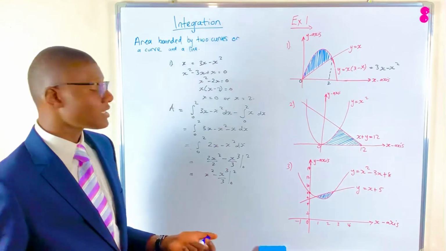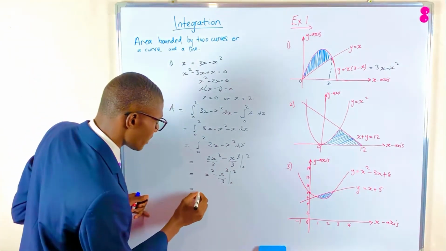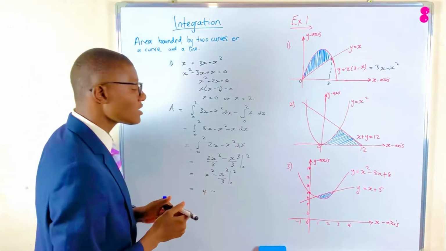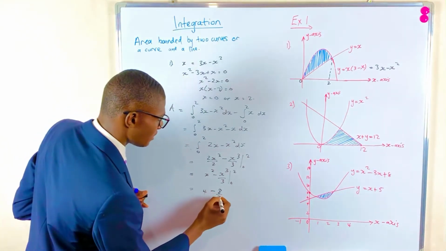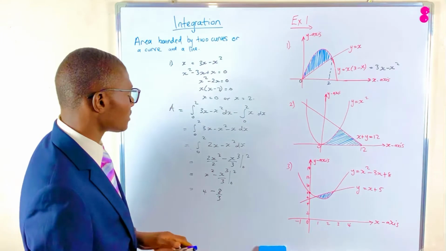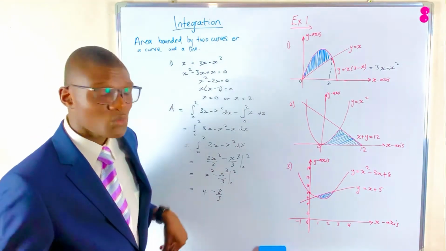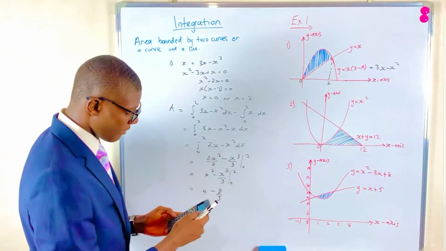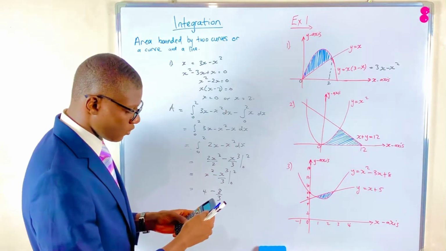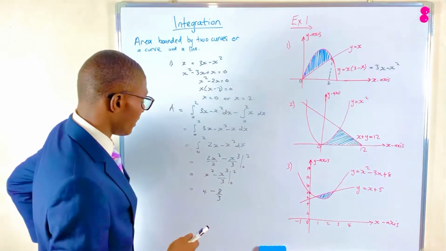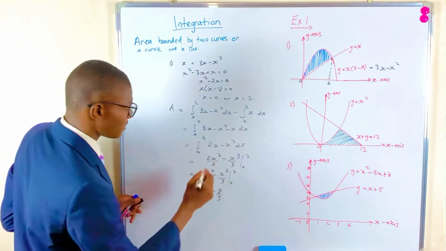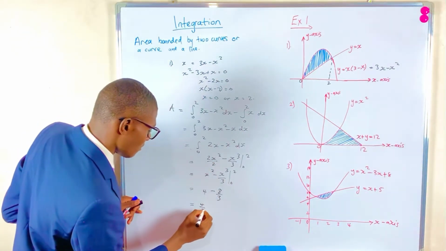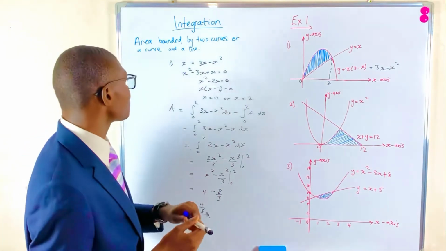Now substituting the limits, we're saying that 2 squared will give us a 4, minus 2 to the power of 3, that will give us 8 over 3. And substituting for the lower limit, which is 0, we still get a 0. So 4 minus 8 over 3, we'll get 4 over 3. So 4 over 3 would be the area of the shaded region, right? This is for number 1.